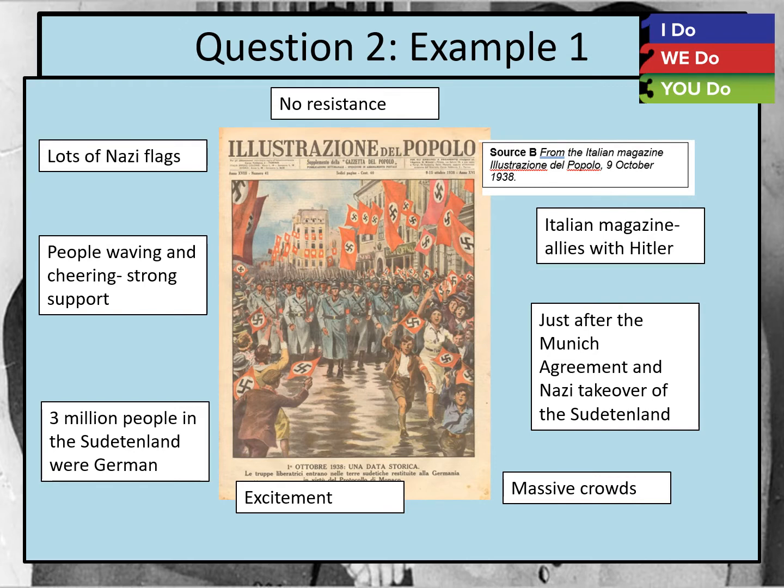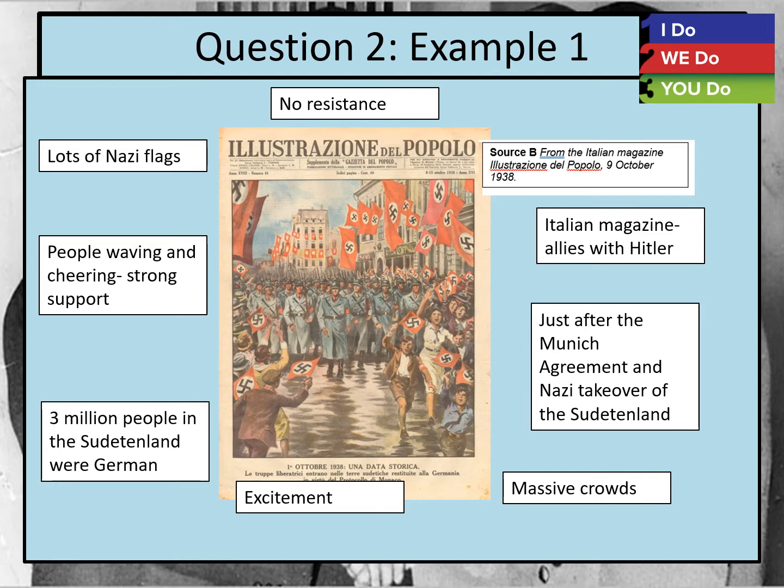Now, this is probably true anyway, isn't it? Because we know that the people of Sudetenland, many of them would have been happy. Not all of the people in that area were German, not all of them would have supported Hitler. But this is a view that was going to be really popular. And therefore, if we think about how it relates to the question, well, it's pretty obvious really, isn't it? That the British didn't stop Hitler from taking over the Sudetenland because it was really popular with the people who lived there.